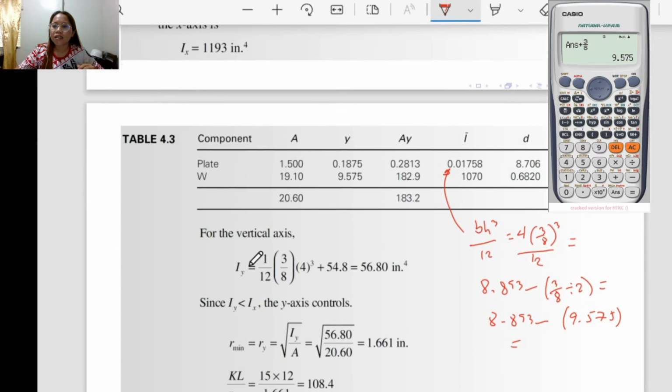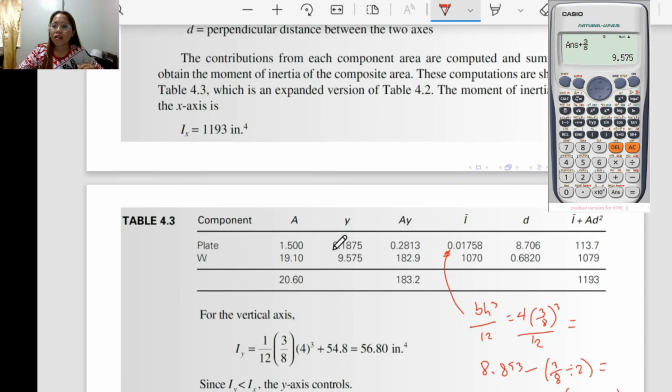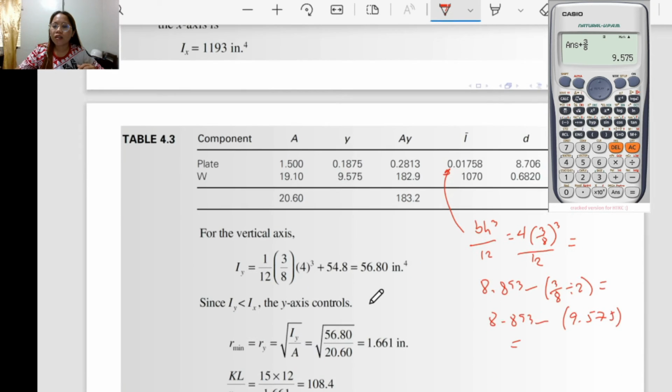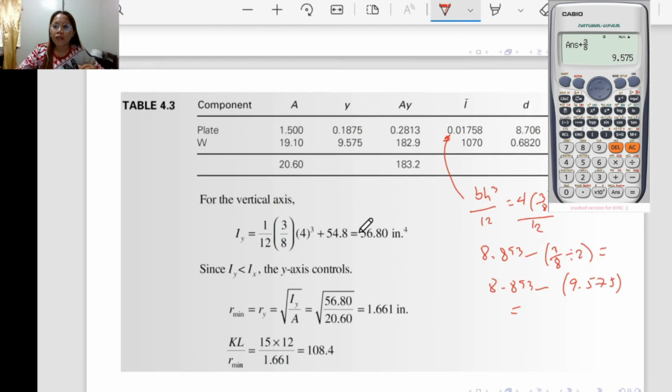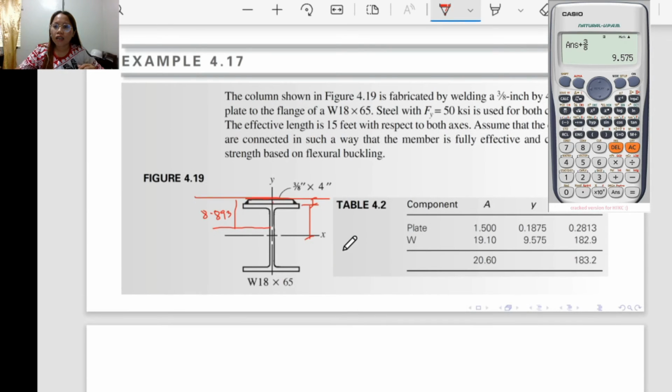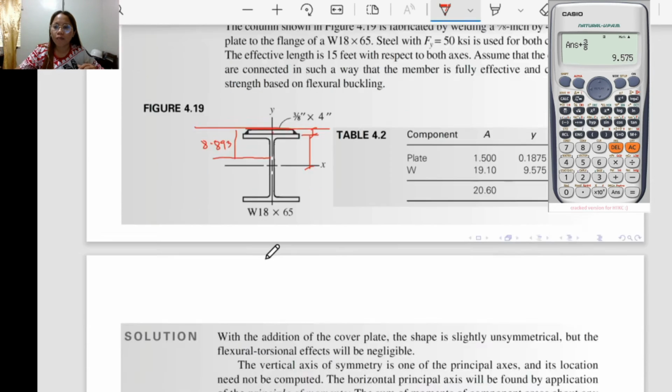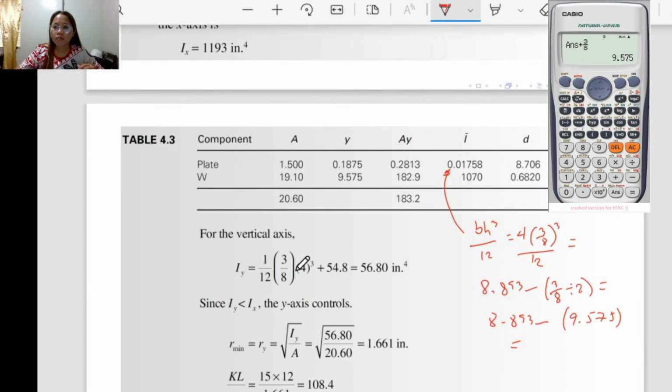For the vertical axis, now we have, like, there is no need to compute for the vertical axis. So this is for along y, right? Along y, actually, you have to get first the moment of inertia of the plate and the moment of inertia of the wide flange from the table along y.